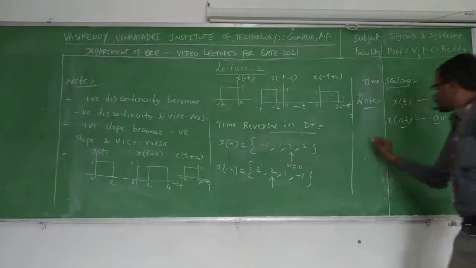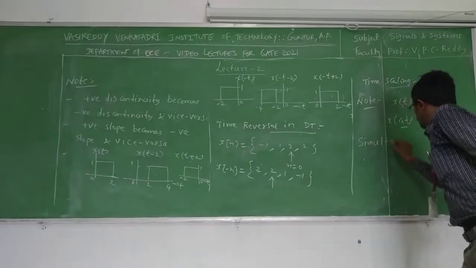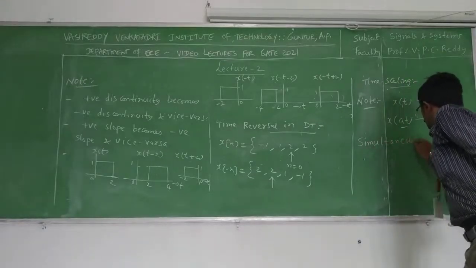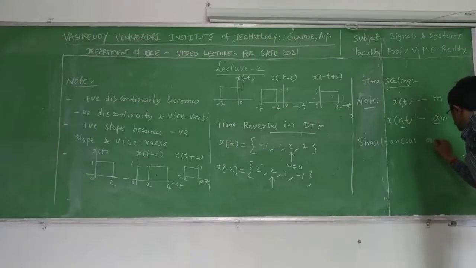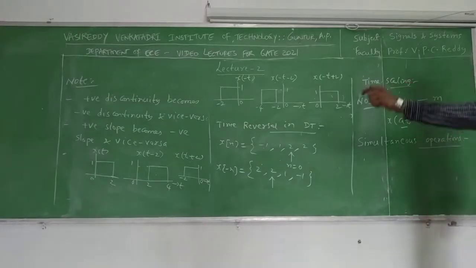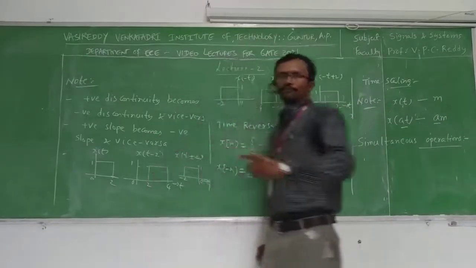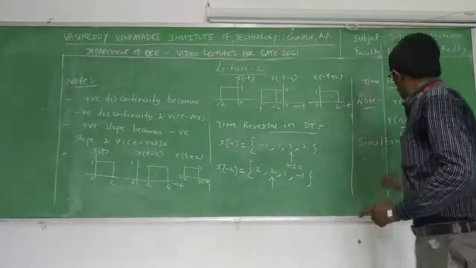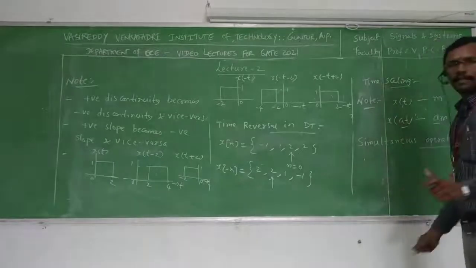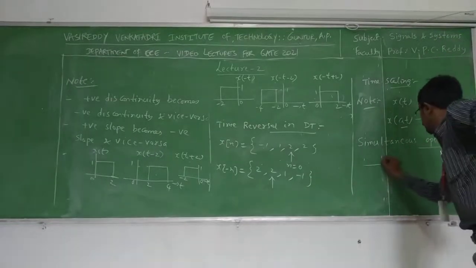Okay. Next we move on to simultaneous operations. So till now we have seen time operations individually, like time shifting, time scaling, and time reversal. Now we will see these three operations simultaneously. So we will see what the possibilities are.